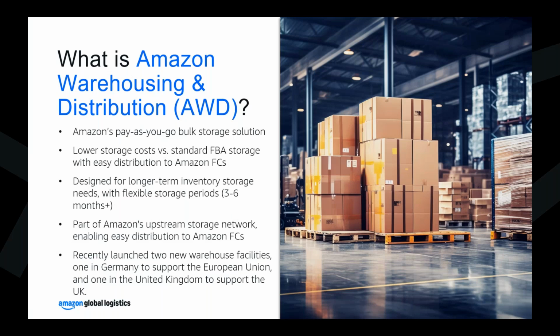And then everything that is in AWD, you can automatically replenish to the fulfillment center or manually replenish to the fulfillment center. So whenever you have something that you want to send, you can do this, and you do not have to fear any out of stocks. Whatever is available in Amazon Warehousing and Distribution appears as sellable for the end customer, which I think is really cool and gives you a lot of advantages when scaling your business.